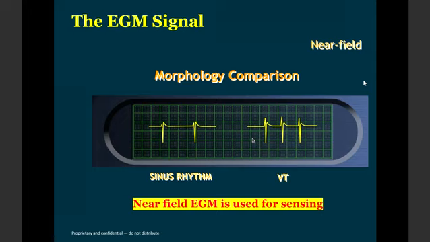It does not differentiate between a supraventricular rhythm versus a ventricular rhythm. It is only meant for sensing in terms of identifying the rate. It does not care whether it is supraventricular or ventricular. It only says the rate has jumped from 60 to 220, so I will call it a ventricular arrhythmia. So near field EGM is used for the purpose of sensing. That is very, very important information.